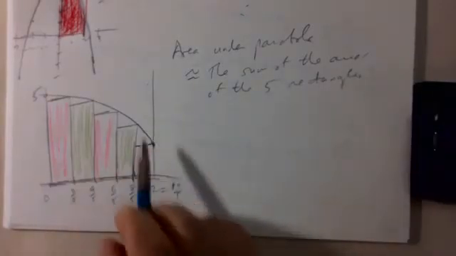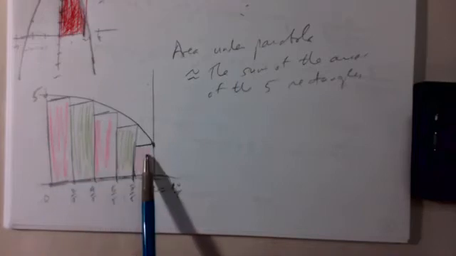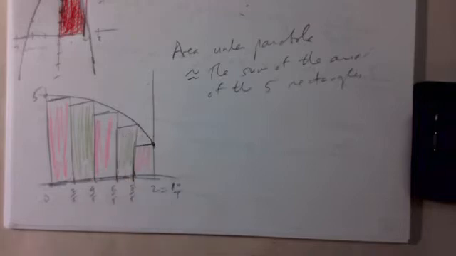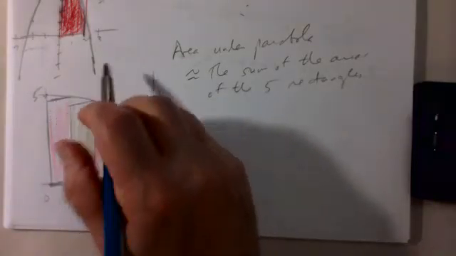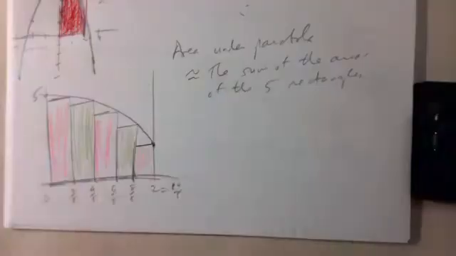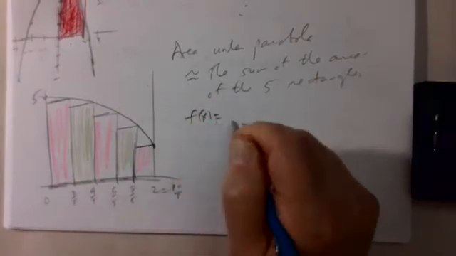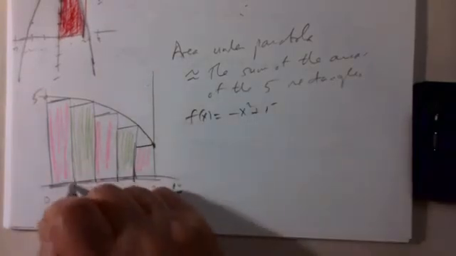The actual area is a little bit bigger, but an approximation is the sum of the areas of these rectangles. It is less than the total area under the curve, but it's approximately the area. And for each of these rectangles, you see we have the function f of x equals minus x squared plus 5.